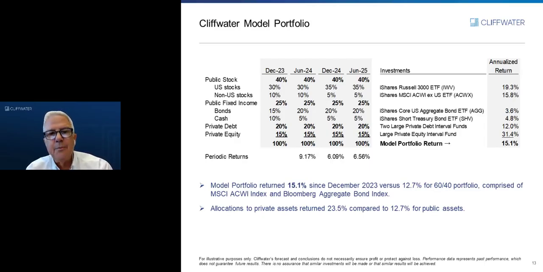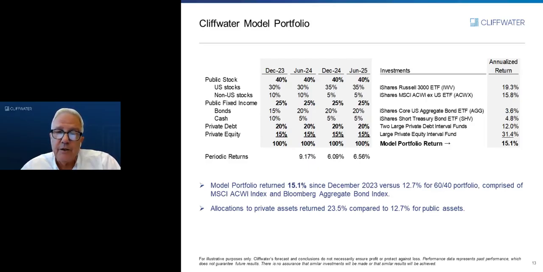Public fixed income. We have a 25% allocation. We like, particularly with a flatter yield curve, a 5% allocation to cash. The 20% in fixed income, we like that primarily because the real return on bonds is now positive.